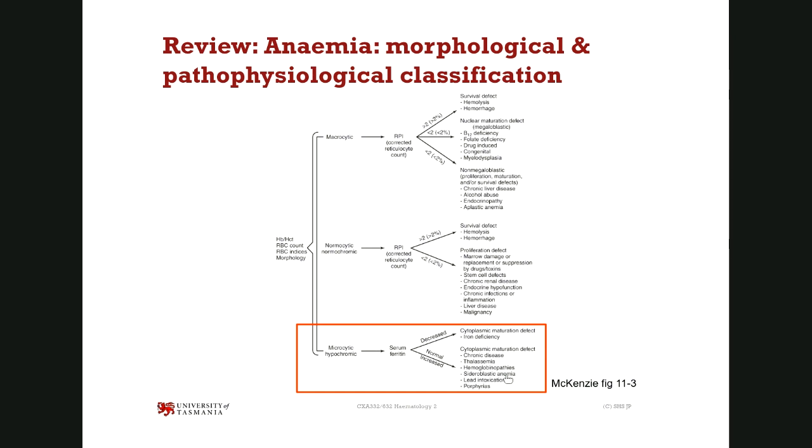And this is just a really simple way in which to categorize the lots of different causes of anemia that we have. And as with everything in haematology, it's not cut and dried. You do get crossovers with things. And you'll see when we're looking at other causes of abnormal iron metabolism, that a number of them are actually normocytic. But of course, iron deficiency sits in our microcytic hypochromic group, as do our thalassemias.